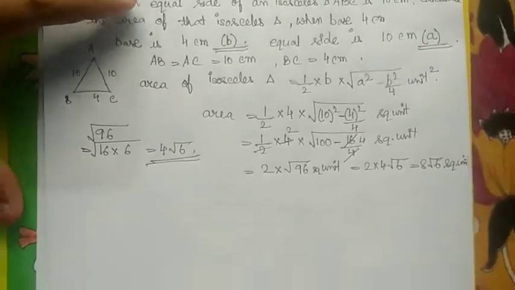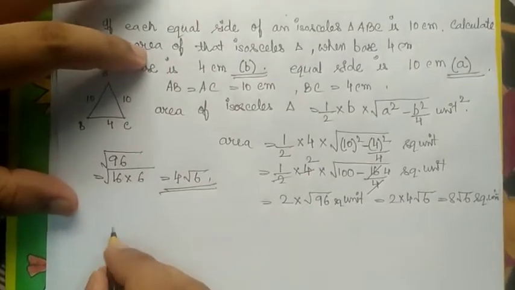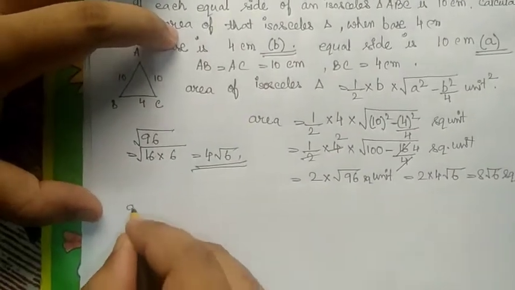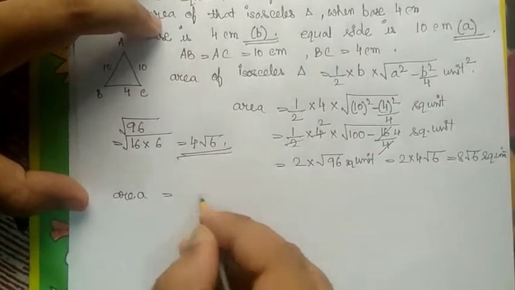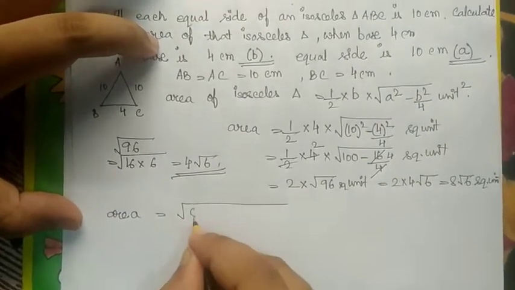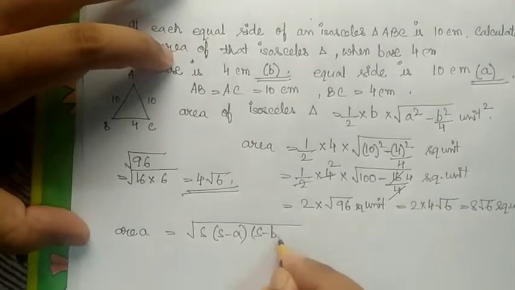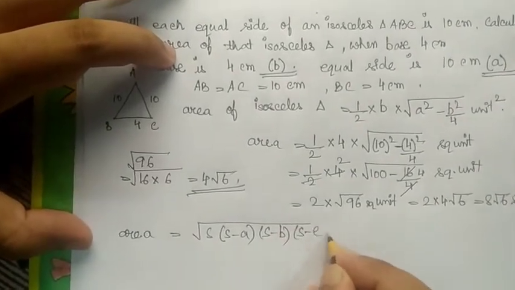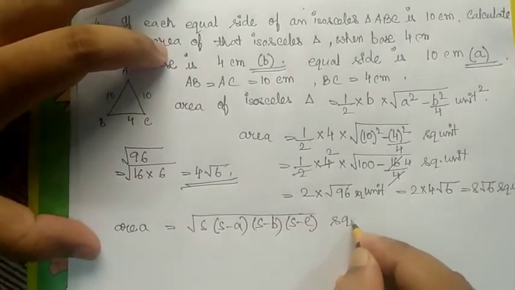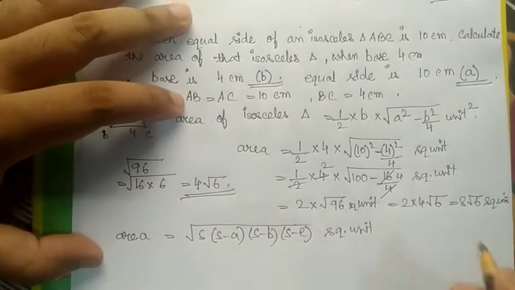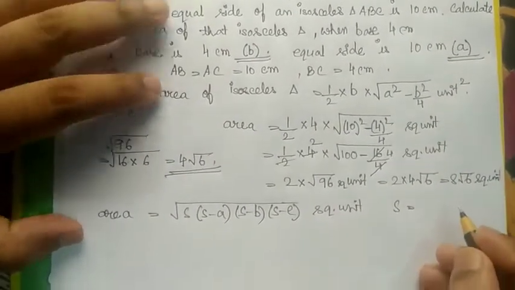If anyone wants to do that with Heron's formula, therefore area equal to root over s, s minus a, s minus b, s minus c square unit, where s equal to a plus b plus c by 2.